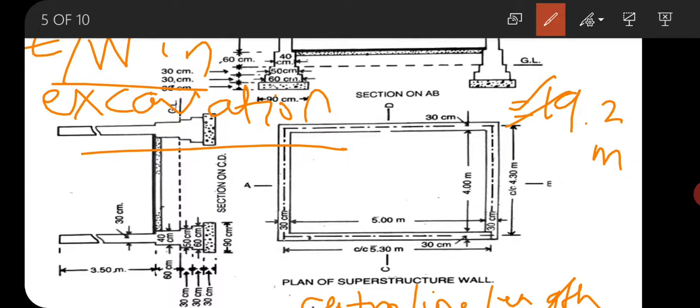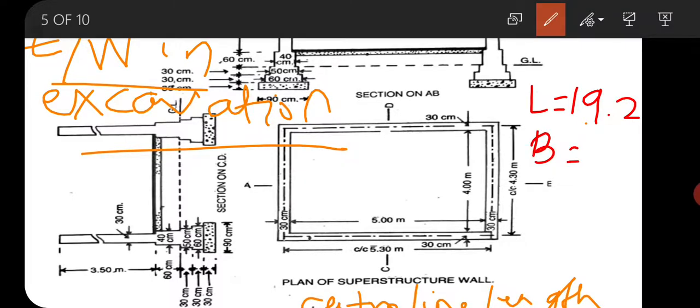For earthwork in excavation, the length part is clear. Length is 19.2 meter. Then breadth, what will be the breadth of the earthwork in excavation? As you know, this will be equal to the breadth of the bottom portion, that means the breadth of the cement concrete work in foundation, which is equal to 0.9 meter. Then what is the depth?